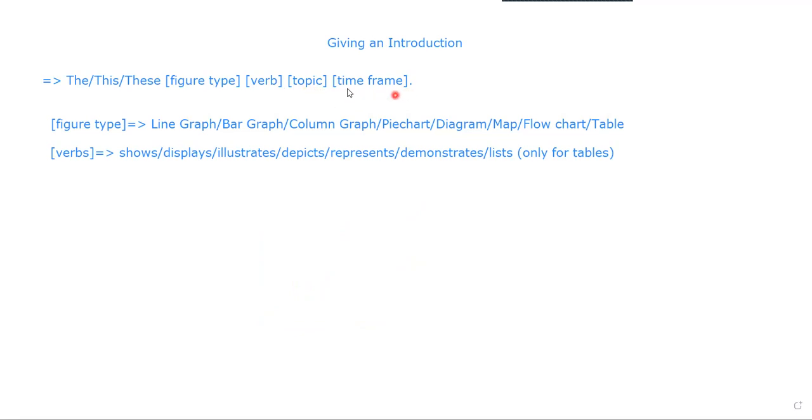Now let's talk about the time frame. For example, suppose you are given a graph. Let's make it a column graph.